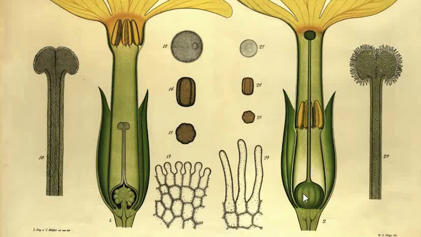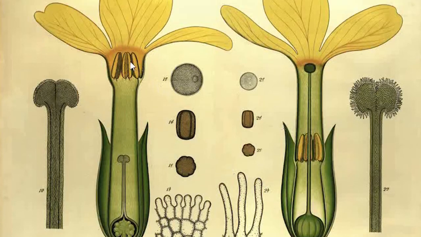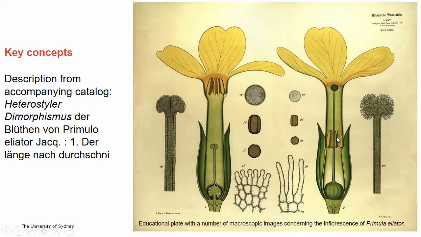And the gynoecium over here has got a very long style and stigmatic surface. And the anthers here are just at the neck of the flowers, and then the anthers here are further down. So the key concept here is that the plant wants, and I'm being deliberately anthropomorphic, to avoid self-pollination.